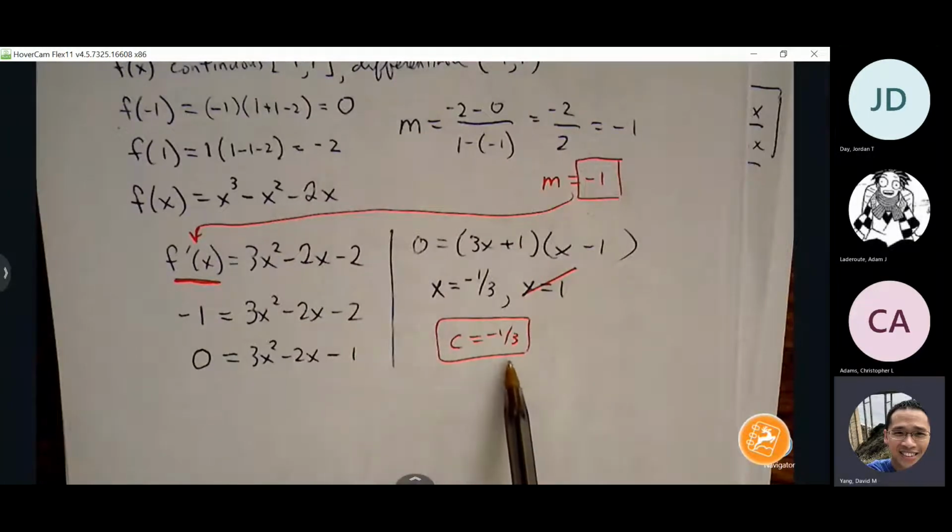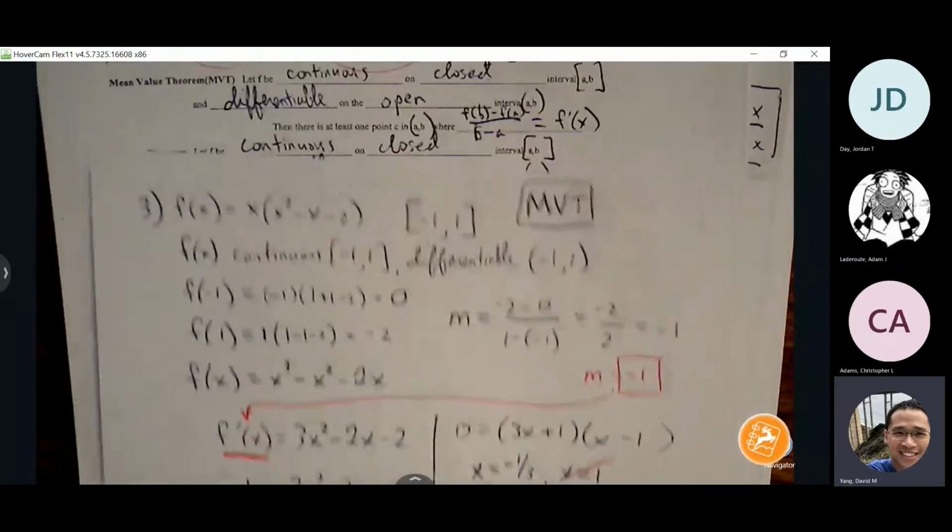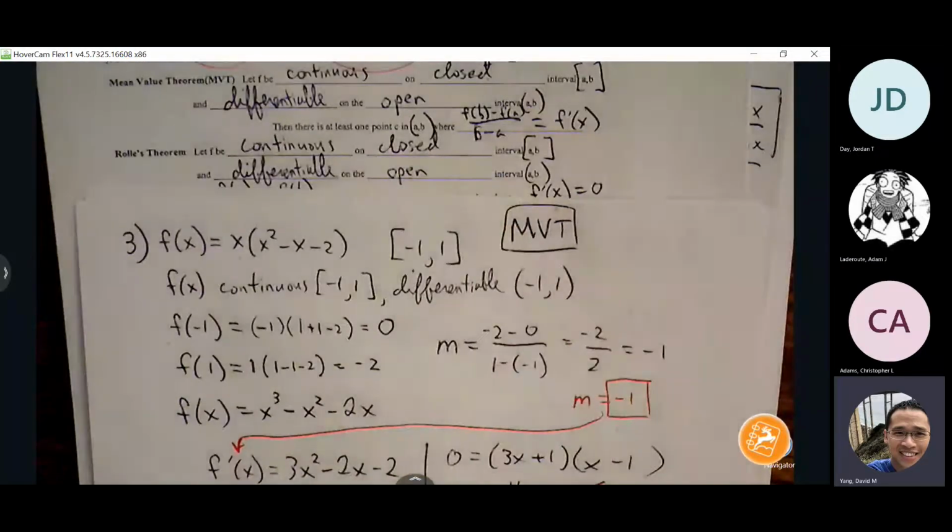But for EVT, it doesn't matter, right? Because we're testing endpoints as well, endpoints could end up being the max or min. But for Rolle's and the mean value theorem, our solution is only between the interval.